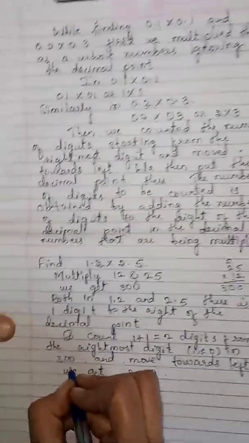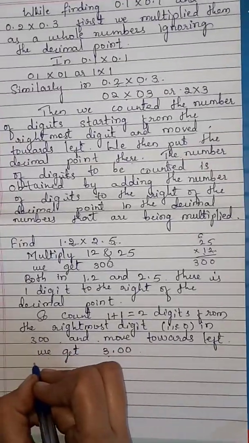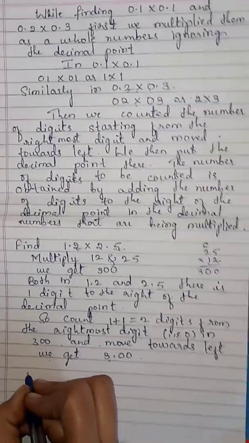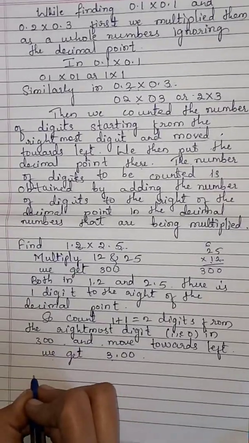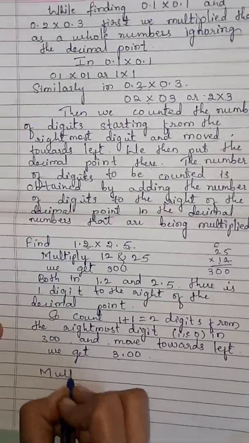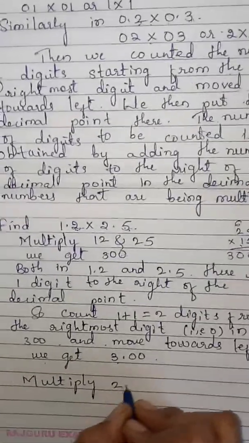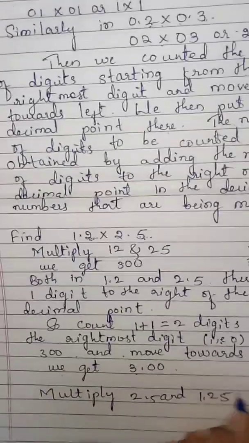See, next you take another example. Multiply 2.5 and 1.25.